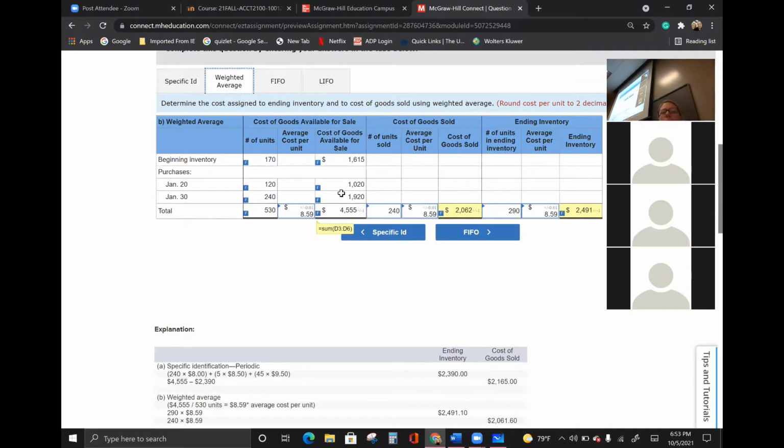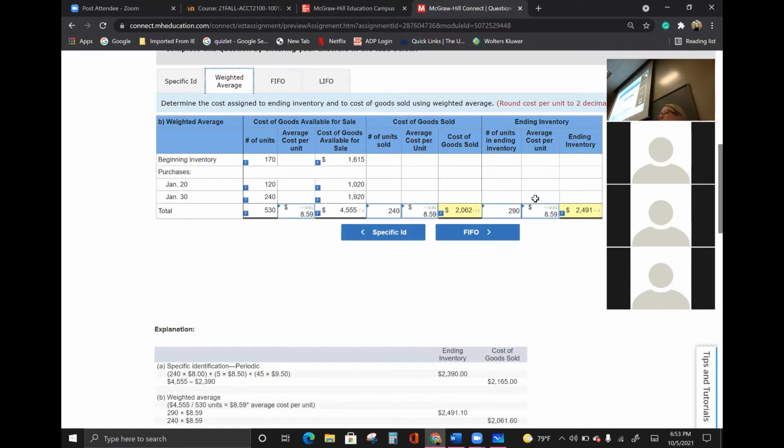So I take the cost divided by the units to come up with my average. Then all I have to do is say, well, how many were sold? 240 were sold. I multiply it by the average to get my cost. How many do I have left? I have 290 units left and I multiply it by the average and that's my cost. So I have my cost of goods sold here using that same average that I'm using to calculate my ending inventory.